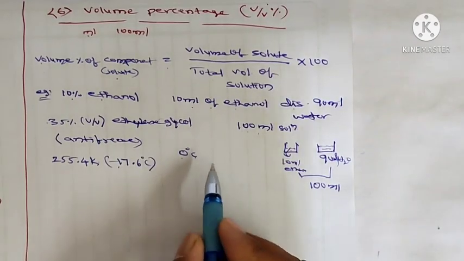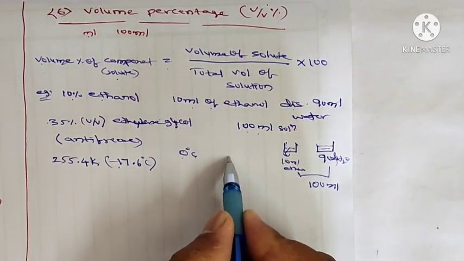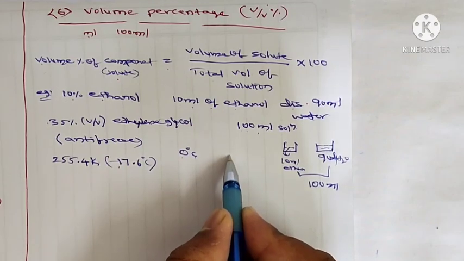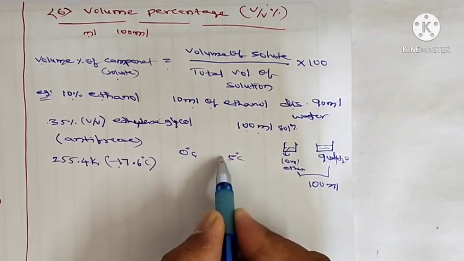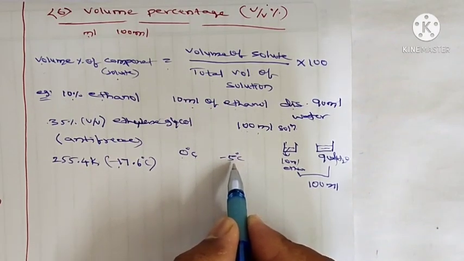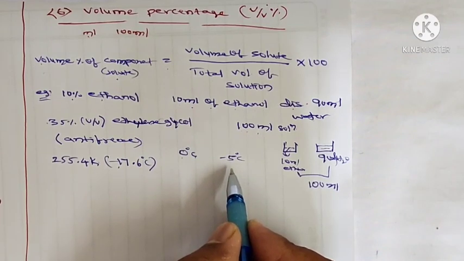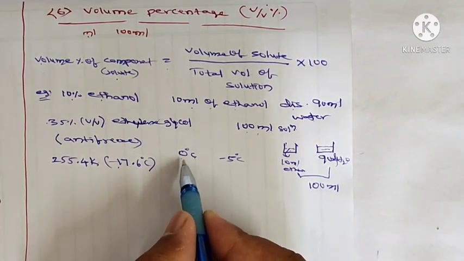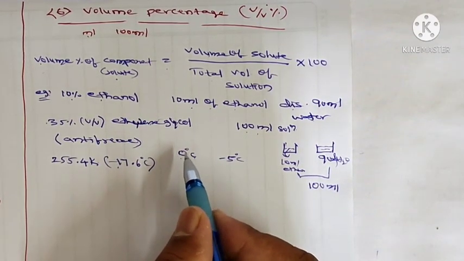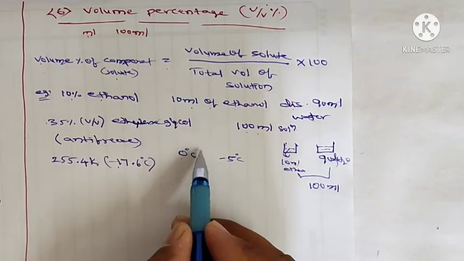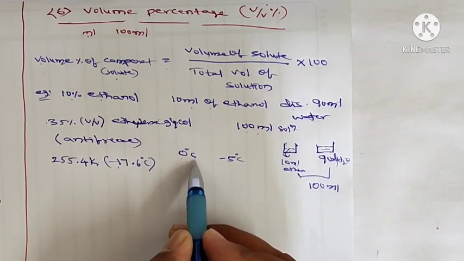So in some countries, the temperature may go down to minus 5 degrees centigrade, or minus 10 degrees centigrade. In such countries, we cannot use plain water in cars, because water freezes at 0 degrees centigrade.